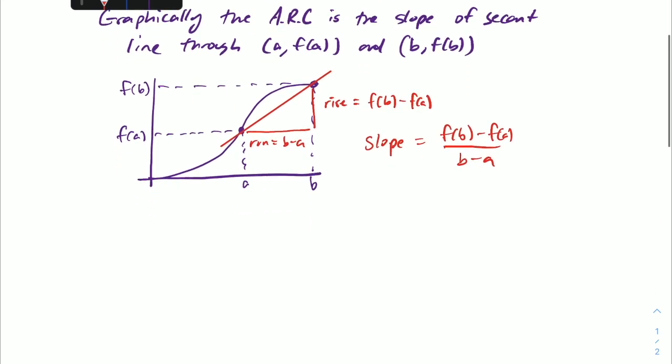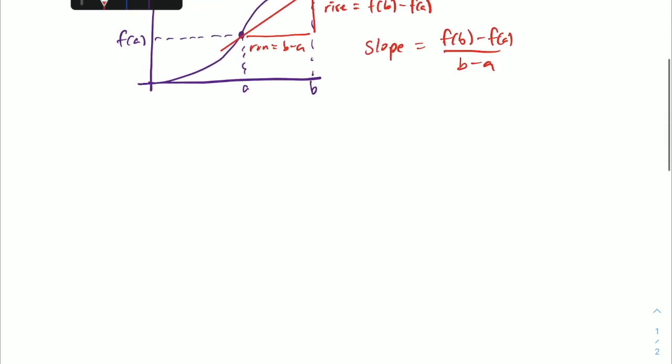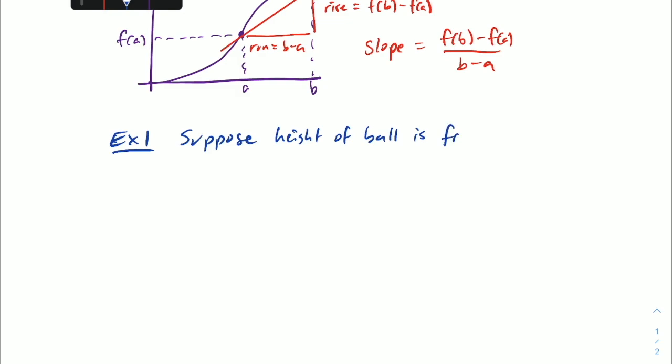All right, so let's do an example where we compute this average rate of change. Call this example 1. So suppose we have a function and the function is measuring the height of a ball over time. So here's the function. It's 100 minus 16t squared.